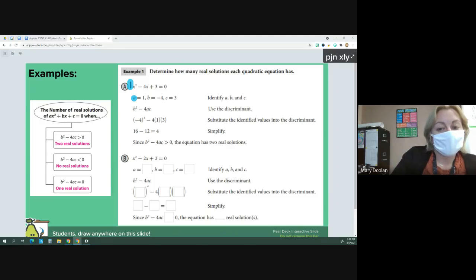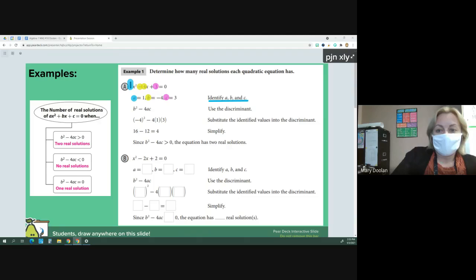Then you look for what's in front of the x term. You can see here there's a 4, but since it's subtraction, we have to include that subtraction in the value of B. So B is negative 4. The number by itself, that's the constant. And so C is 3. So that would be your first step here. You want to identify what's A, what's B, what's C.